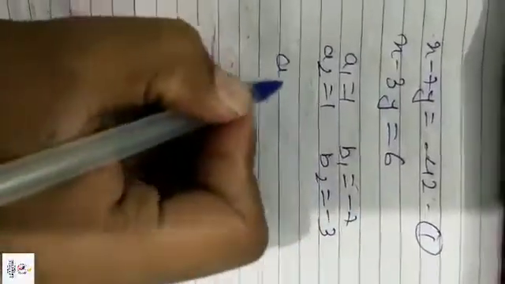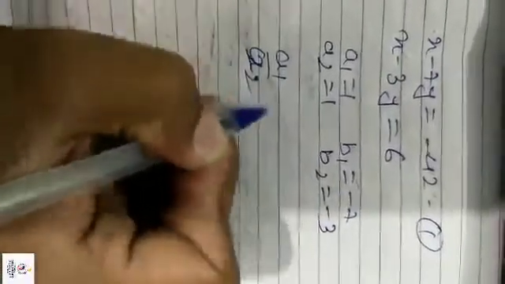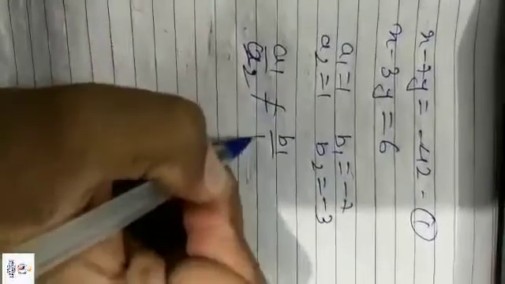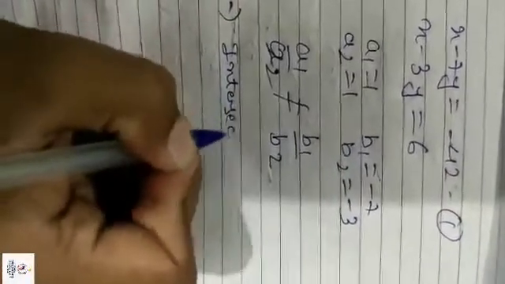So first we will check a1 upon a2. Here a1 is 1, a2 is 1. Here b1 is minus 7, b2 is minus 3. So a1 upon a2 is not equal to b1 upon b2 in this case. It means it shows intersecting lines.